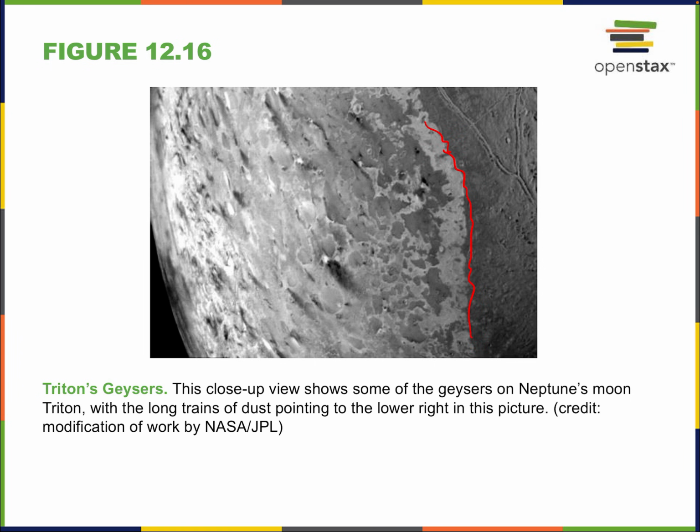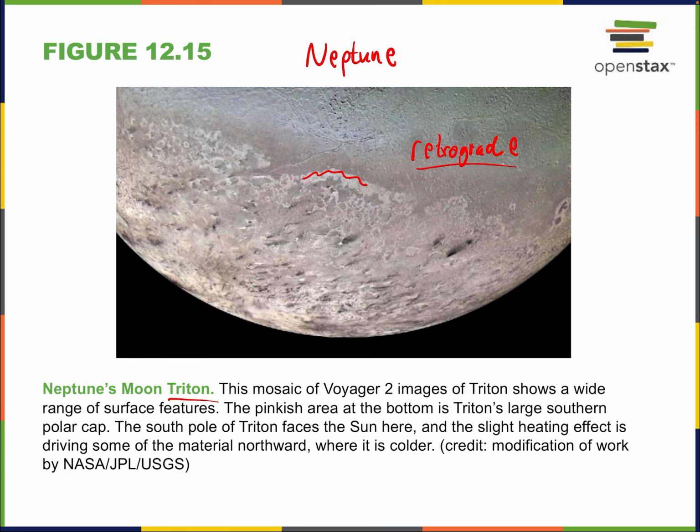You can actually see that in the previous image as well, where they stop, right? Here the South Pole is being slightly warmed by the faint amount of sun energy, contributing to the energy that powers those geysers, those eruptions that are more common in the South Pole at this time in the orbit of Neptune around the sun.